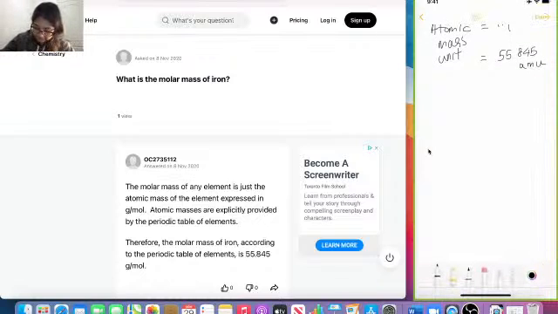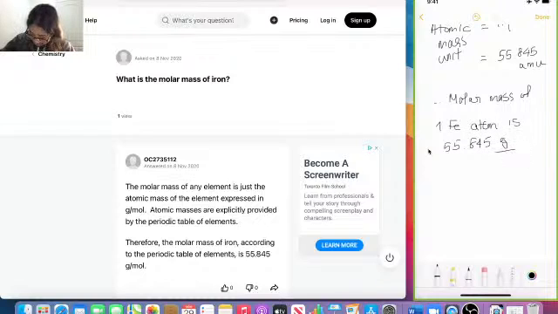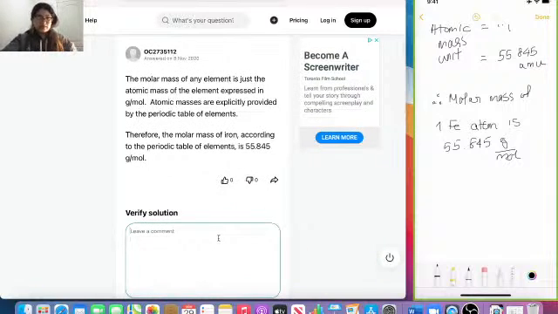And so you can say that therefore the molar mass of one Fe atom is 55.845 grams per mole. So just keep in mind the units here. When we're talking about atomic mass, we're talking about atomic mass unit, and when we're talking about molar mass, it's grams per mole. Okay?